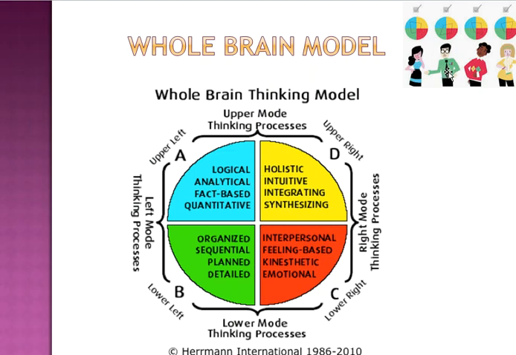Some people are green, which Herman hypothesized means their lower left is more active and their brain is more organized, sequential, planned and detailed. Some people are red, which is feeling-based and emotionally oriented, and some people are yellow, which is more creative, integrating, intuitive types of brains.